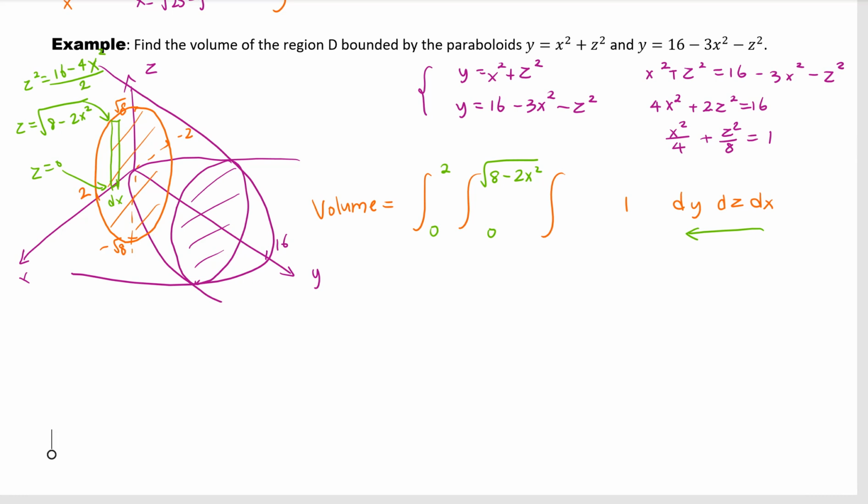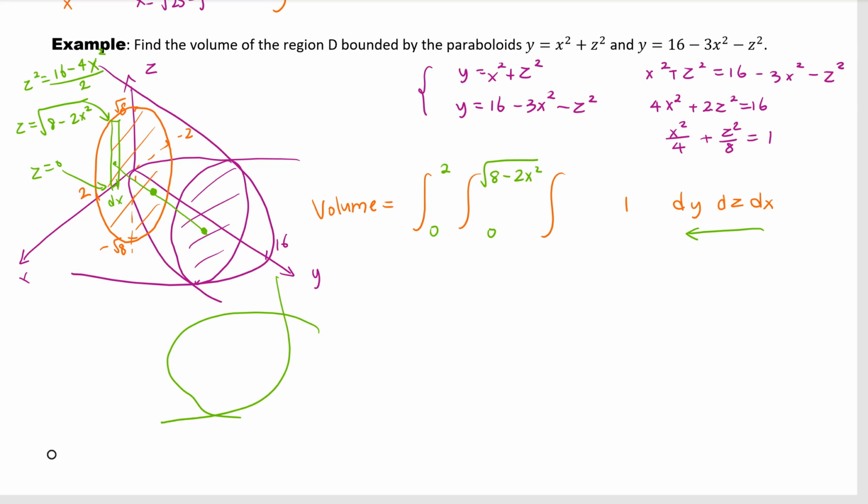Okay, and then how about the y? Pick any point on the rectangle, then we go in the y direction. Where is our solid? You can see the smaller paraboloid is here, and the upper paraboloid is here. Can you imagine? We have 2 paraboloids.